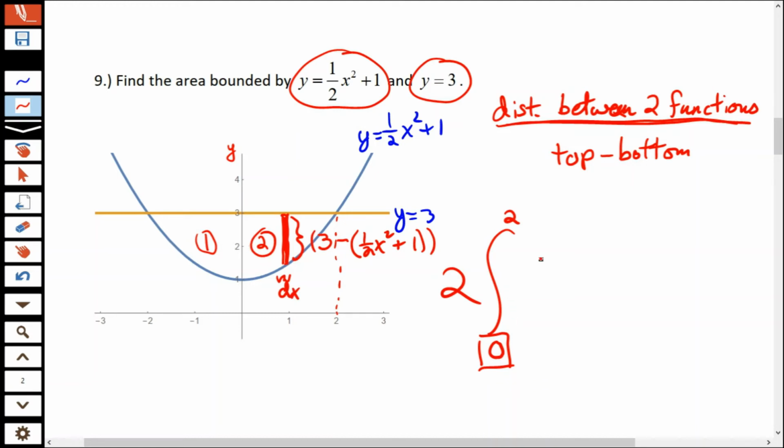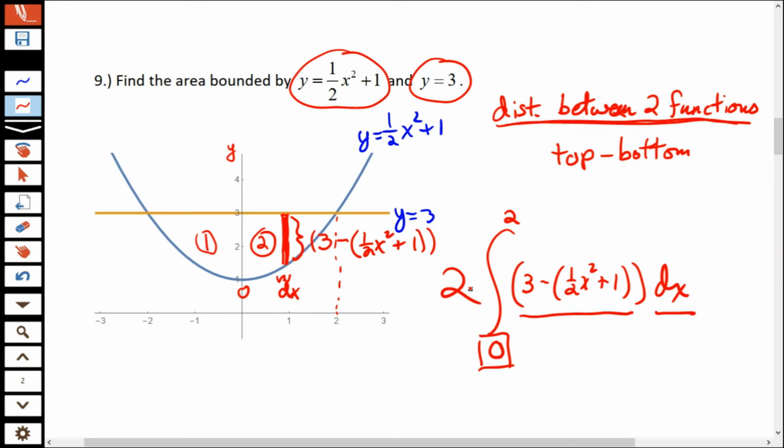So using the symmetry, I can take the integral from 0 to 2, I can double it. The height is 3 minus 1/2 x squared plus 1. dx is our width, so that's length times width. Integrate means we're going to add together all of the rectangles going from 0 to 2, and then we double it to find the area.